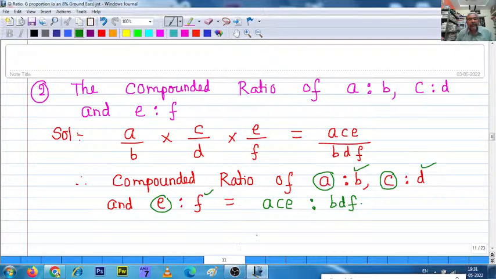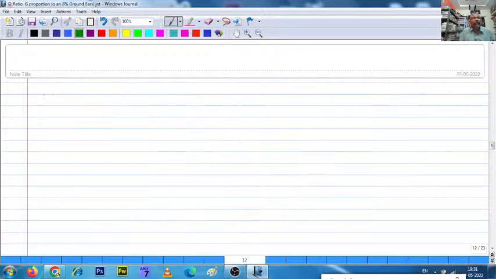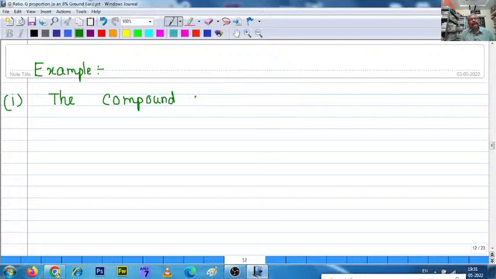Okay, next let us move to one example now. Example, let's have a discussion. So first example: find the compound ratio of 2 is to 3 and 4 is to 5.